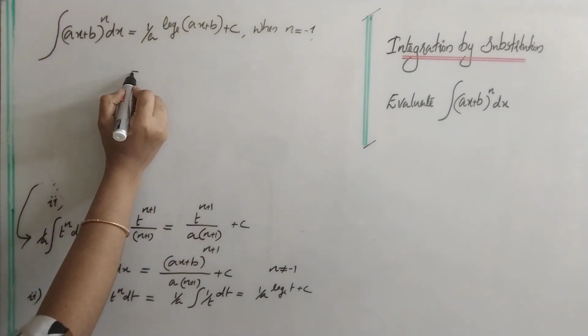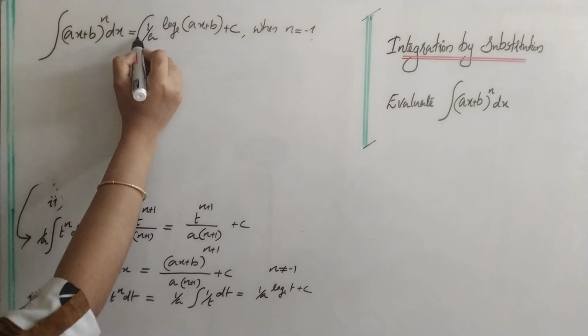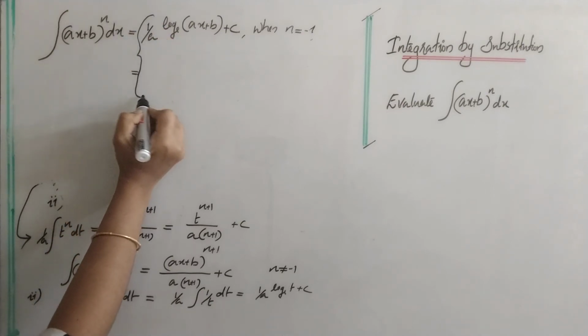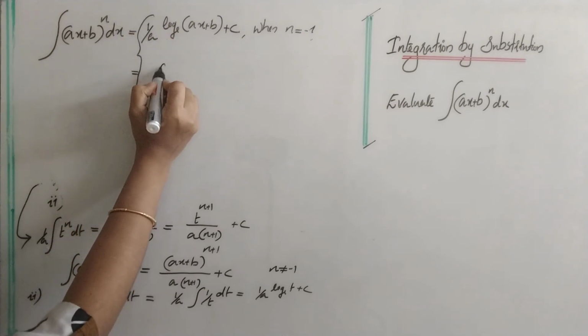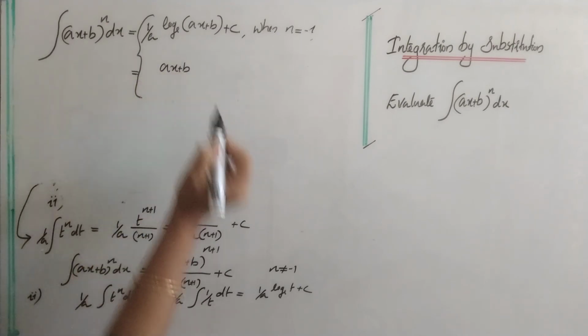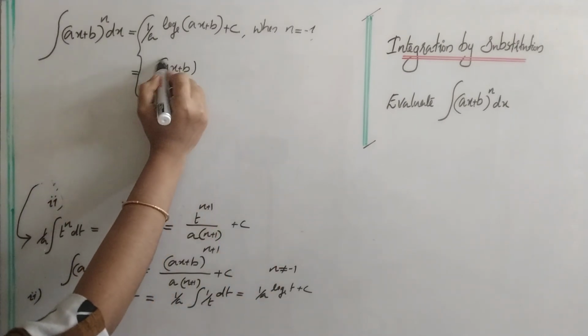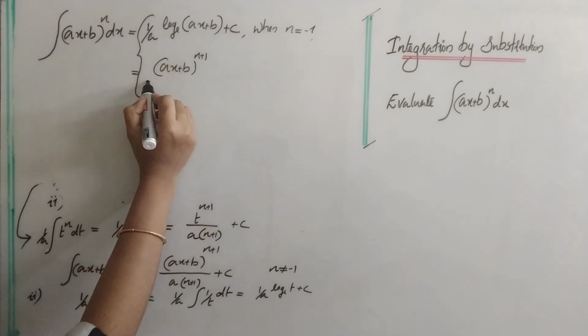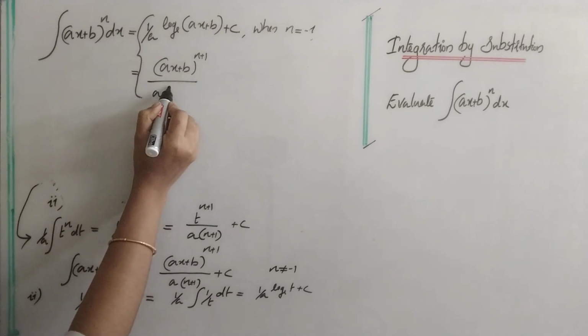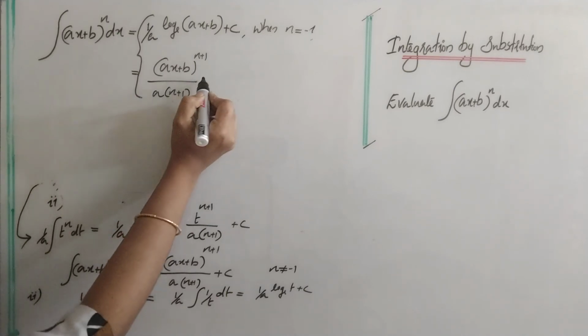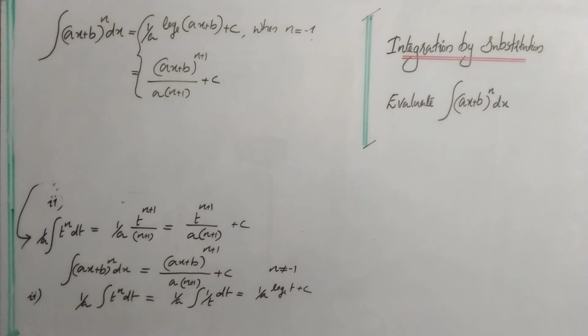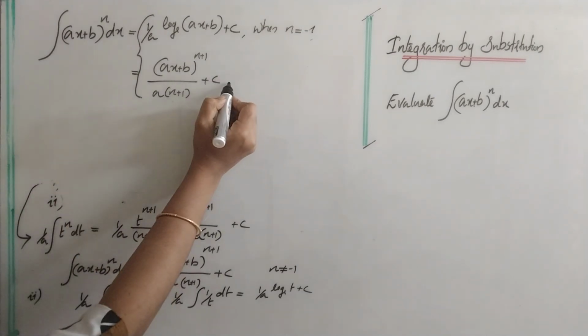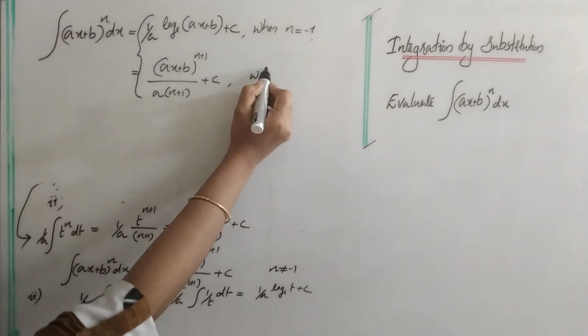And equal to (ax plus b) the whole raised to n plus 1 divided by a into n plus 1, plus a constant c, when n is not equal to minus 1.